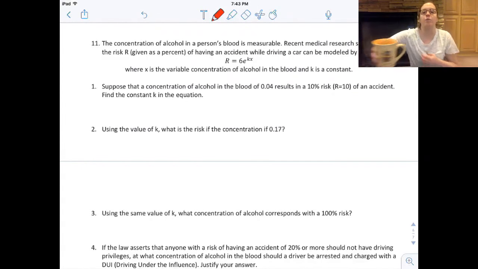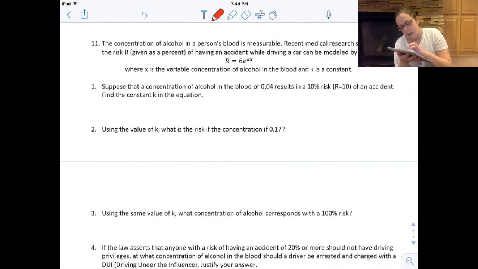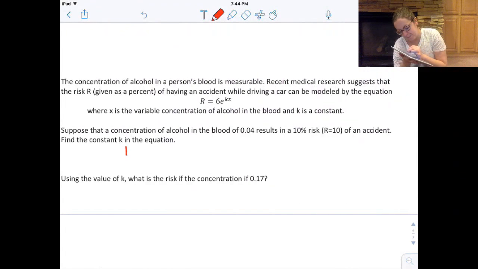It tells you to use R as 10 percent chance of the accident, find k. So again, if you're trying to find k, remember you need to know every variable but k. So it tells you R should be 10, and that would equal 6e to the k times x. And it tells me x is concentration, so this is 0.04. This is a time where your variable of x there is not time, so make sure you're mindful of that as you're going forward.